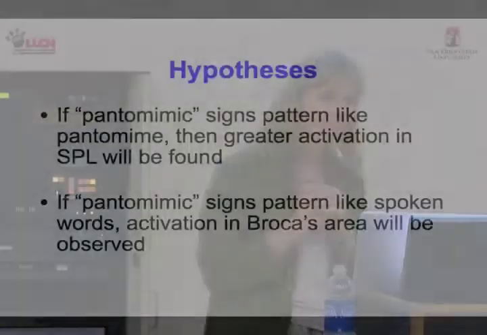They do it in a little bit different ways. The reason we use PET is that it's much more forgiving of movement, and we're really interested in sign production. This allows us to have signers in the scanner and actually really sign. If anybody's had an MRI, you know that you're told, do not move, lay as still as possible. Here you can move a little bit more.